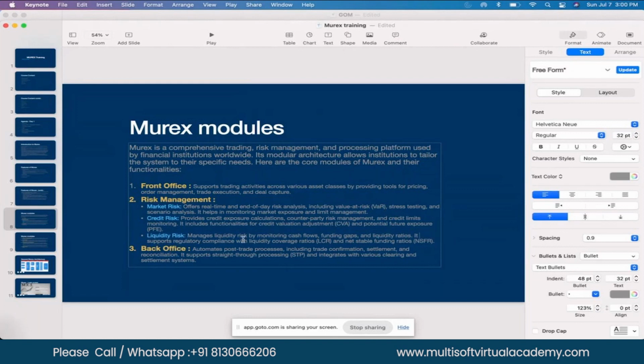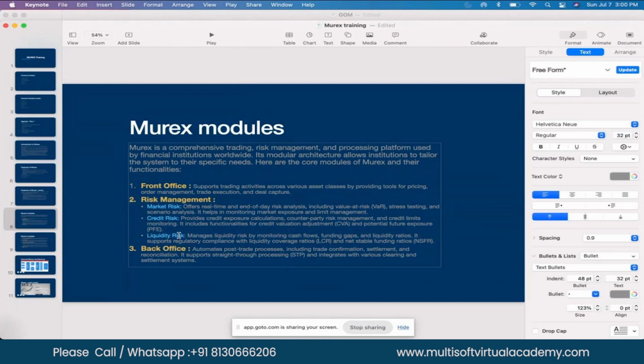But in general, it can be covered as part of your market risk and credit risk, and you can have your liquidity risk reports generated in combination from these two modules. Some of the parameters will be fed from the market risk module and others from the credit risk module, and then you create a logic where you combine them into a consolidated report and send it across to the liquidity team for their validations.